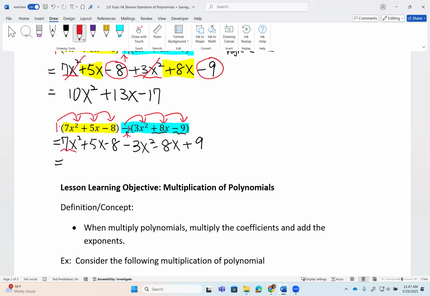Combine like terms, the square goes first. 7x squared minus 3x squared, 4x squared. All right, combine like terms. First power, 5x minus 8x. Terms with different signs, I subtract. That should be -3x. Okay, combine like terms. -8 plus 9, or if I swap it, it'll be 9 minus 8. Terms with different signs, I subtract. That will be +1. There you go.